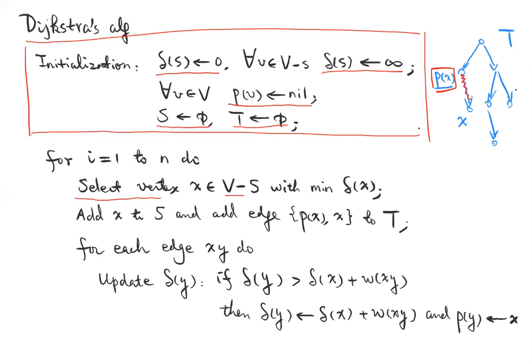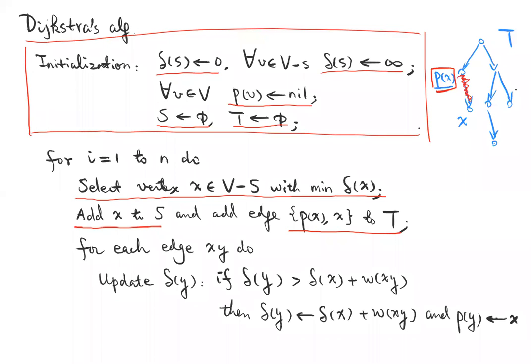We always choose a vertex x with minimum distance bound. Then the set S of visited vertices is enlarged by adding x. Of course, for the tree edge, we add one edge to tree T. So that's this edge. We add this edge to tree T.